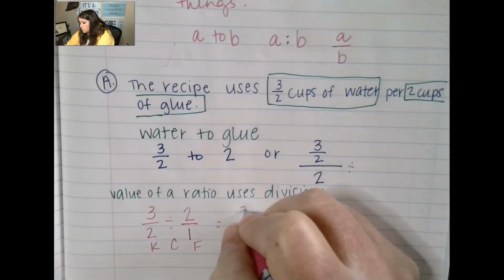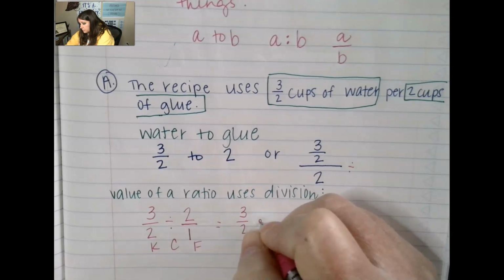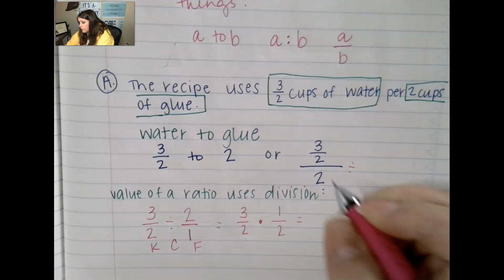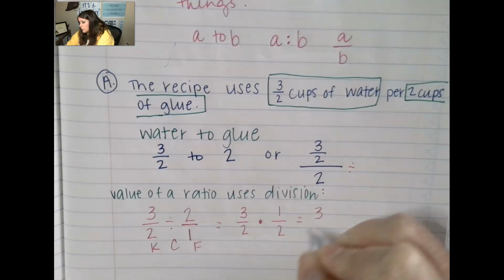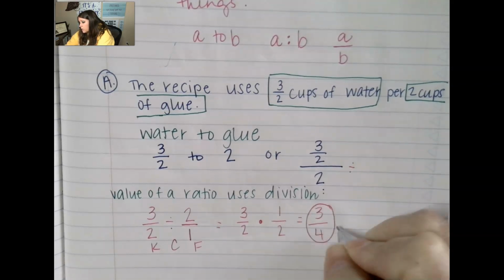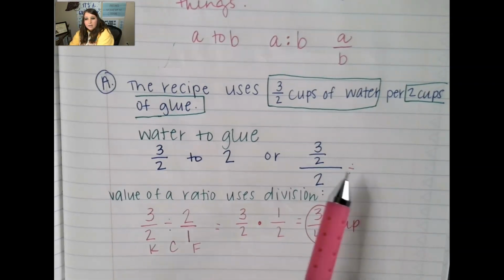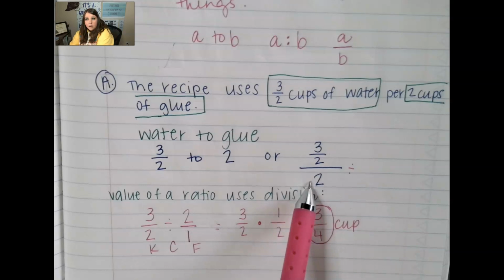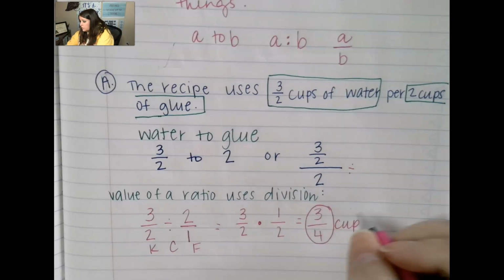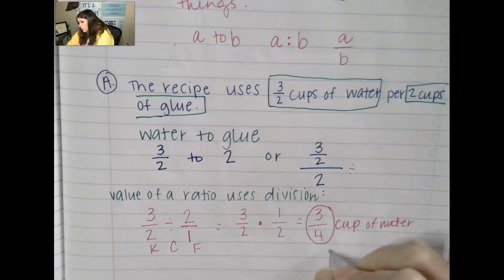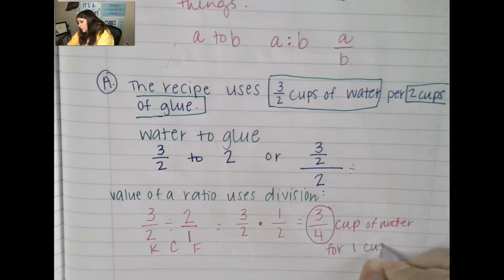So we're going to keep 3 over 2, change to multiplication, and we're going to multiply by 1/2. 3 times 1 is 3, 2 times 2 is 4, so there are 3/4 of a cup of water for every 1 cup of glue. So 3/4 cup of water for 1 cup of glue.